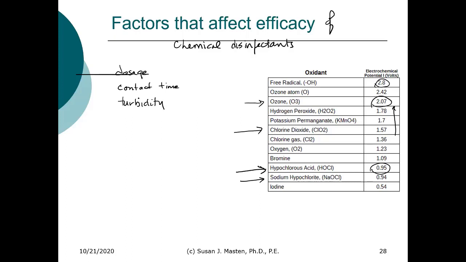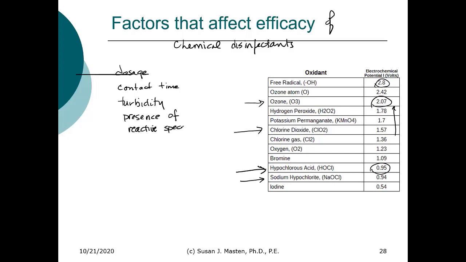Why would turbidity affect disinfection? Could the chlorine potentially react with some of the matter? Exactly. It reacts with the particulates, consumes chlorine, and there's just less disinfectant available to achieve what we're looking for, which is disinfection.